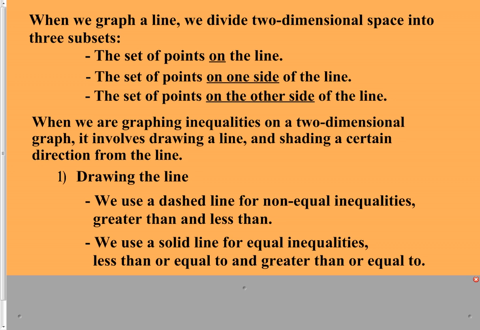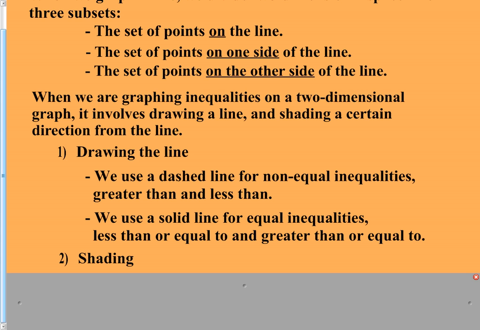This is very similar to the open dot, closed dot idea that we had for graphing in one dimension. However, in two dimensions, it's not a matter of dots, it's a matter of lines. So a dashed line if the line is a boundary but not included, and a solid line if the line is a boundary and it is included.